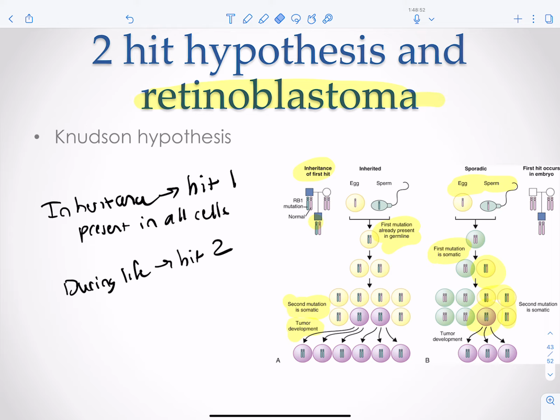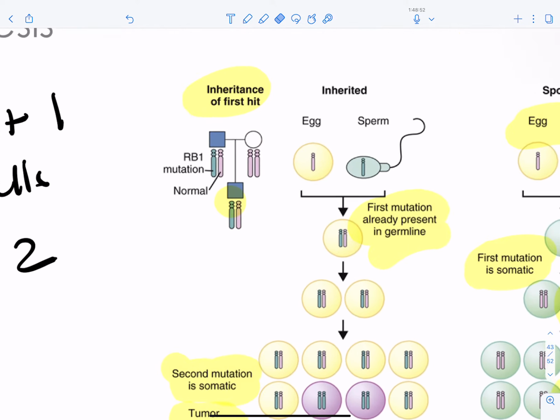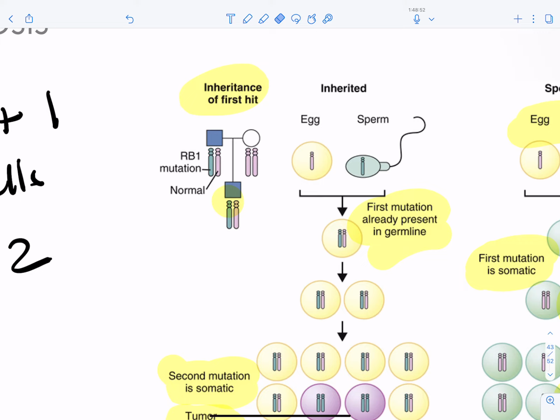So in this case, I guess I can blow this up. So you have the pink, which is normal. The retinoblastoma mutation is this abnormal green. And so this individual inherited a normal and abnormal, so one green and one pink.